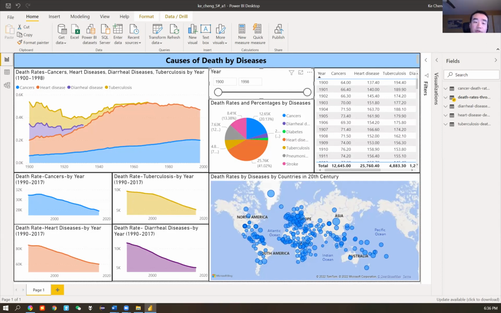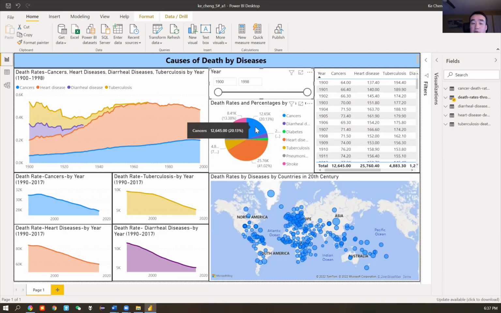From the above analysis, we can draw the conclusion that heart disease is the deadliest cause among all diseases. The death rate of it is much higher than the other diseases. Cancers are the second, but the death rate of cancers increased more quickly in the 20th century.